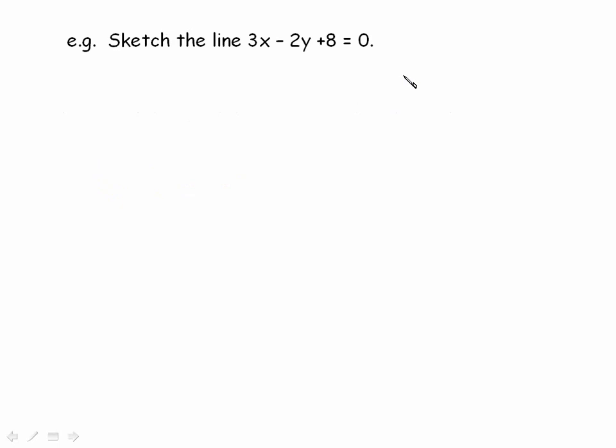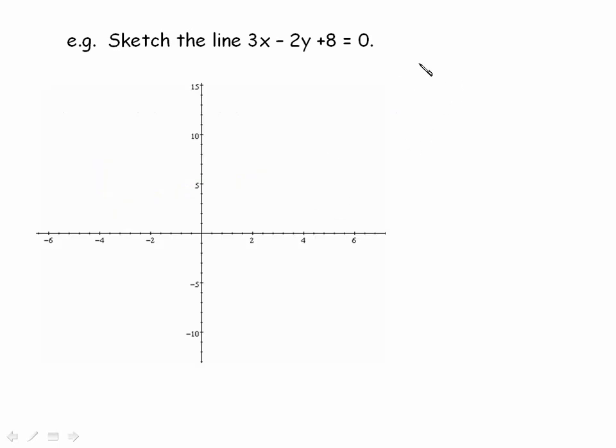So just to start off, let's sketch this line: 3x minus 2y plus 8 is equal to 0 with the grid. Now what I recommend for questions like this, and really they're relatively rare occasions you need to, I will express this in form y is equal to mx plus b, which means that I isolate the y variable.